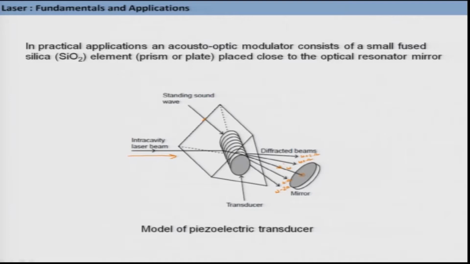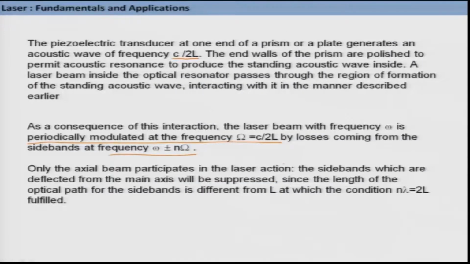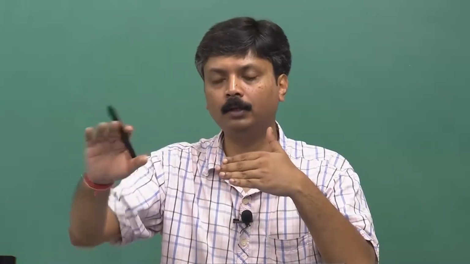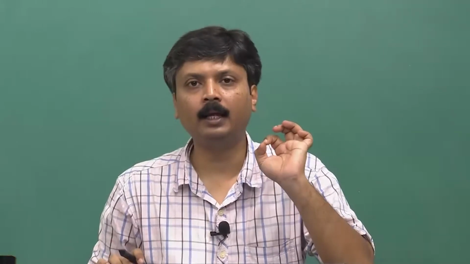So, only this axial beam participates in the laser action and other beams are not going into the active medium back again. So, it will go out of the mirror. So, I will incur losses for the side bands, and that is what exactly we want. We want to lose the side bands and we want to amplify the axial band at small omega.